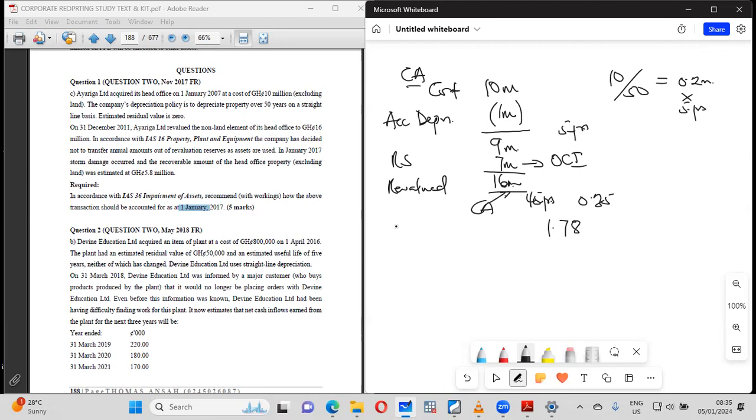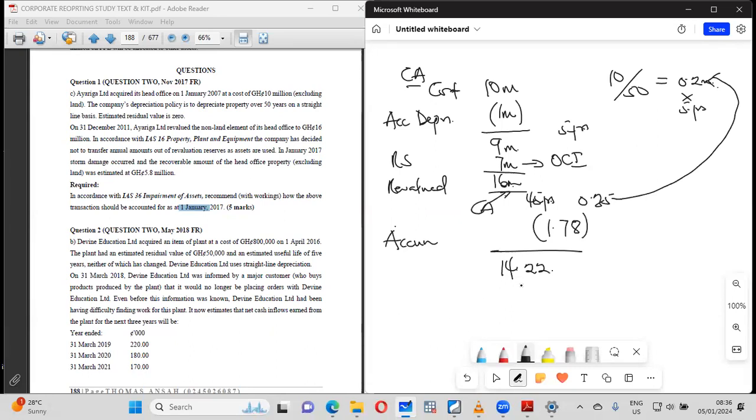So the new accumulated depreciation for that is this. So if I now take it from the 16, I'm landing at a figure of what? 14.22. All right. So we could have done excess depreciation, you remember, but the question says they don't do that. All right. So that is that.